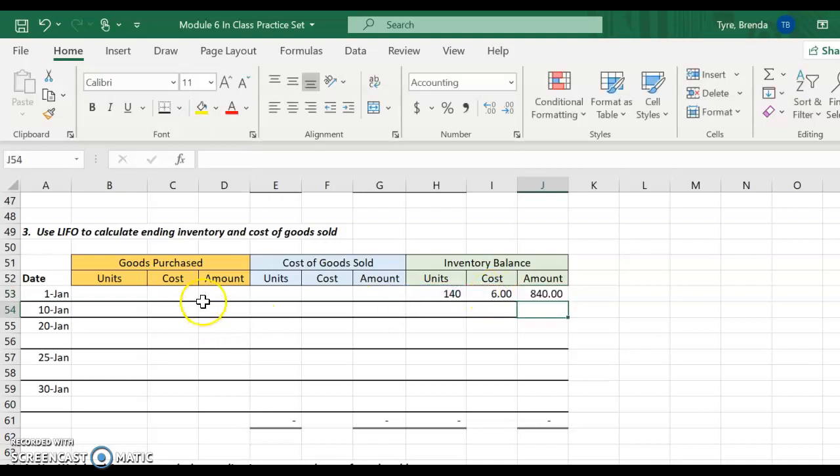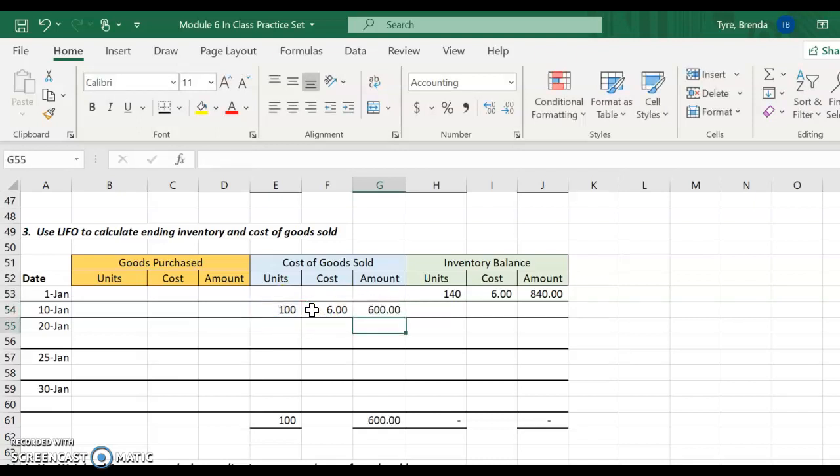So $840. On January 10th, we sold 100 units, and so we don't have any other layers of inventory. So again, this will be coming out of the $6 layer.